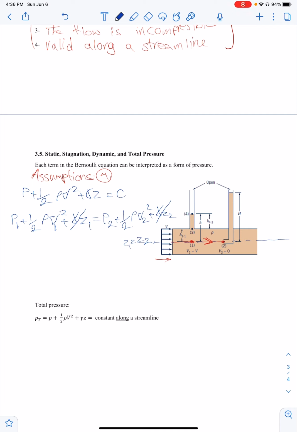And also for V2 right here, I'm going to explain it a little bit. We're going to call it a stagnation point. And for the stagnation point, the velocity is always 0, right? So this one is going to be 0 again.